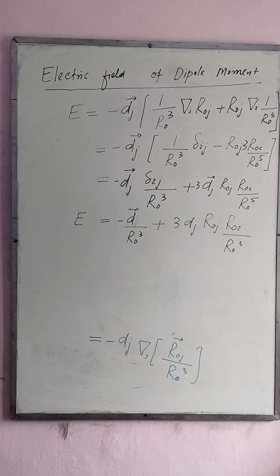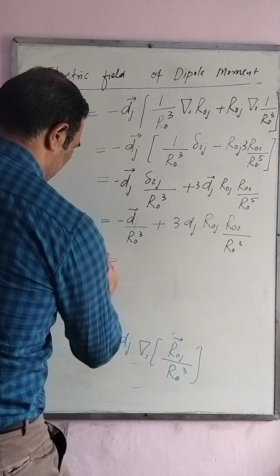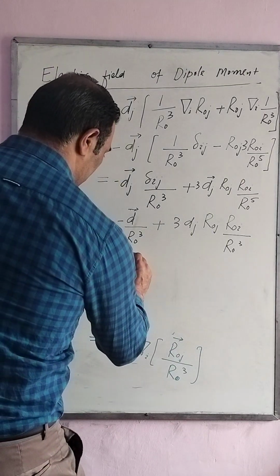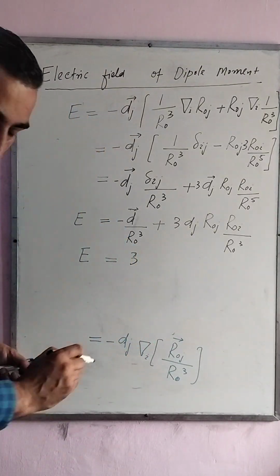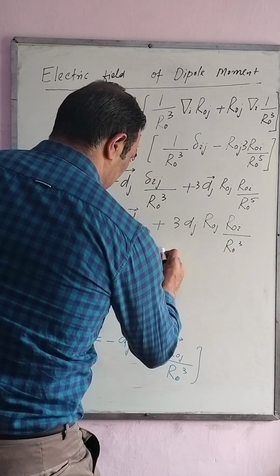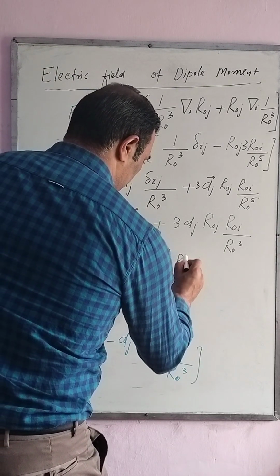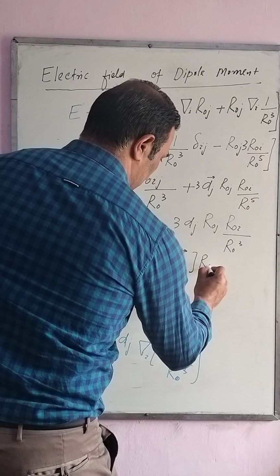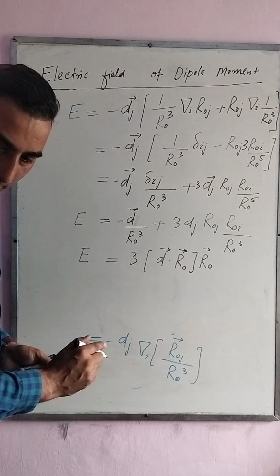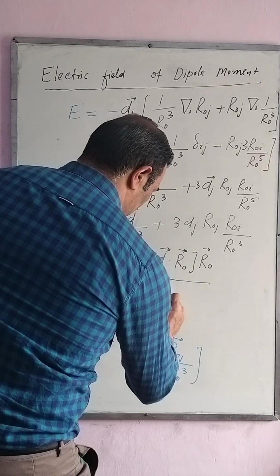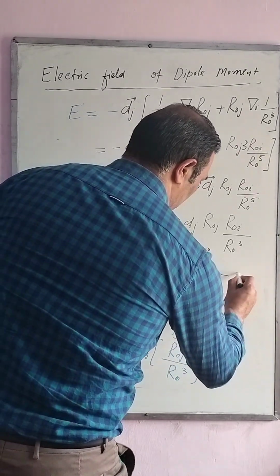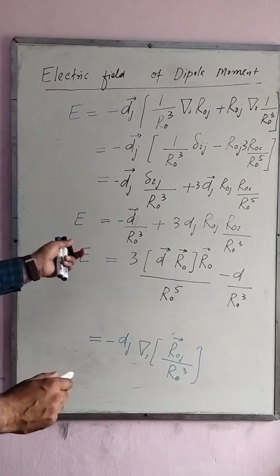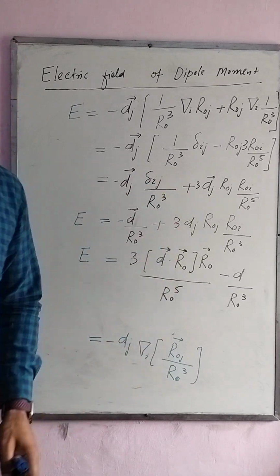Okay, or this will be equal to, let's rewrite this term as E will be equal to 3 into, so this is the electric field intensity at some point P जो हमने already देखा था, right?